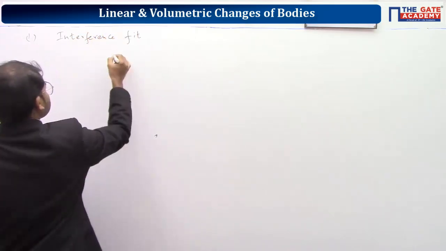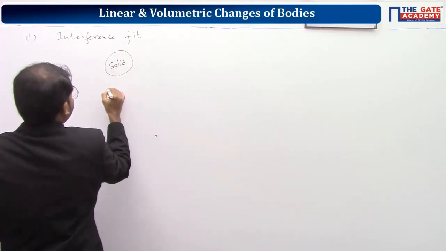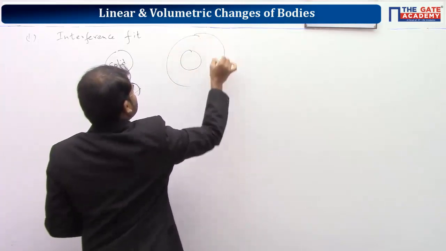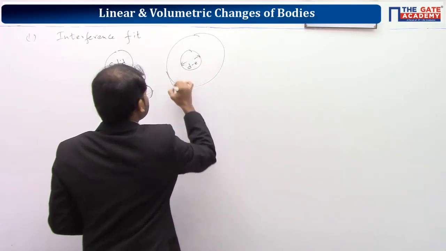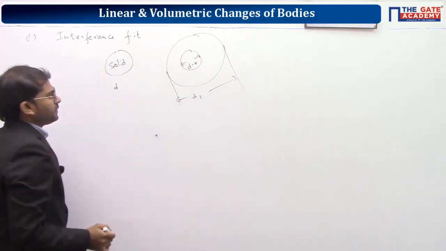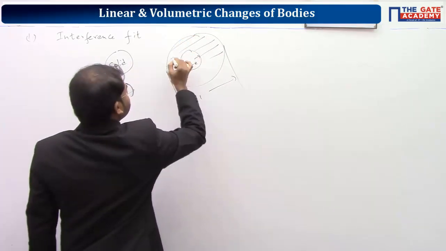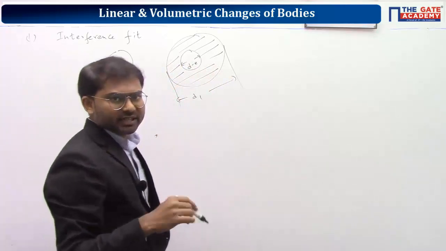We'll take the solid shaft of diameter D and we'll take a hollow shaft of diameter D minus E inside, and this is D1 here. So there is material in this region from D minus E to D.